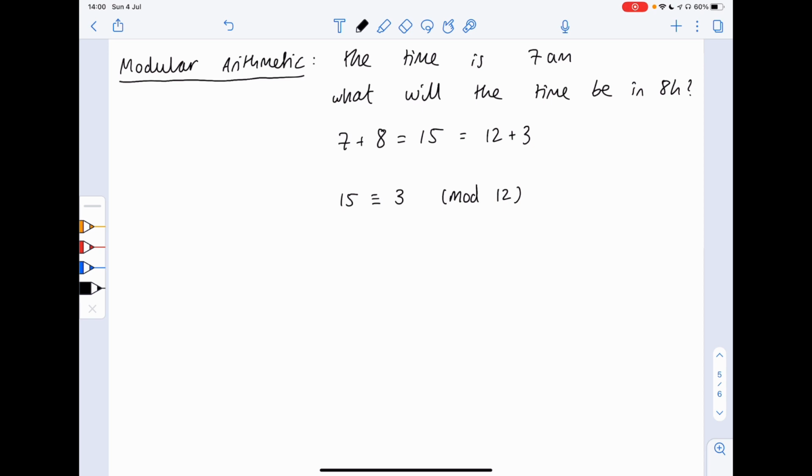So I'll give you some more examples of this to solidify your understanding. So maybe 6 is the same as 11 mod 5, right? Because 6 is 1 more than a multiple of 5, and 11 is 1 more than a multiple of 5.